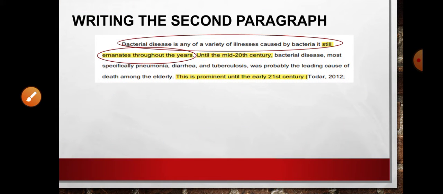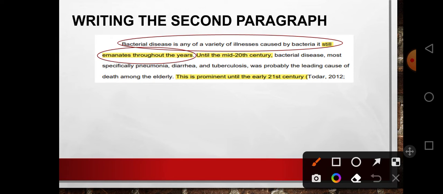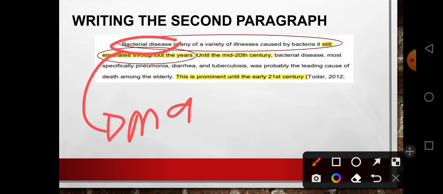So we have here the first part. Take a look at the first sentence. It says that bacterial disease is any of a variety of illnesses caused by bacteria, and it still emanates throughout the years. With this sentence, class, we encounter the term bacterial disease, and this term is actually our main topic.